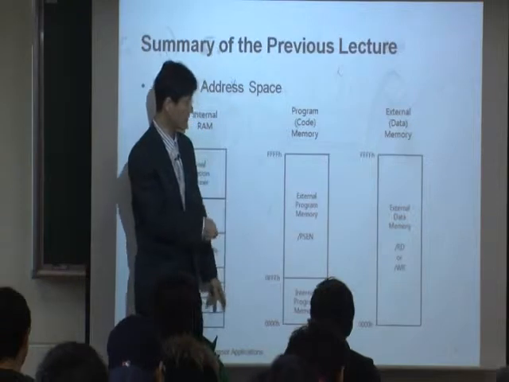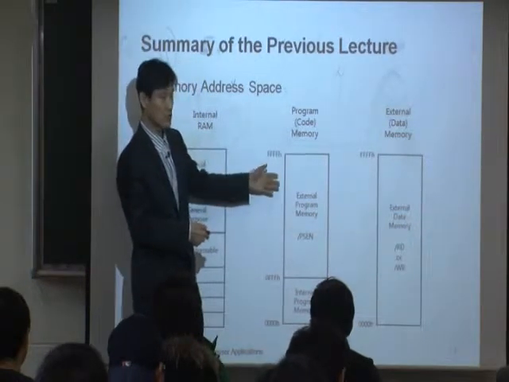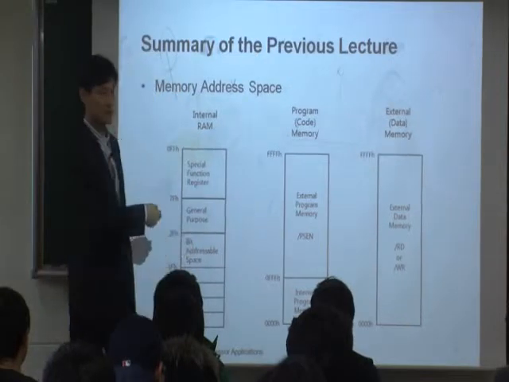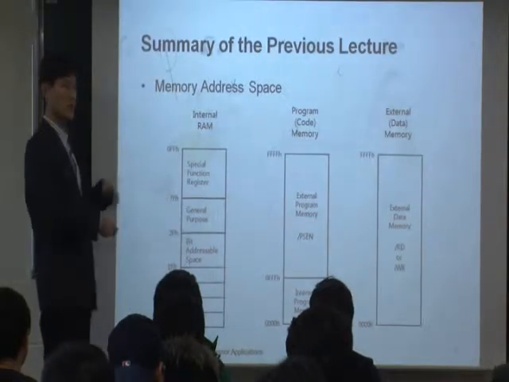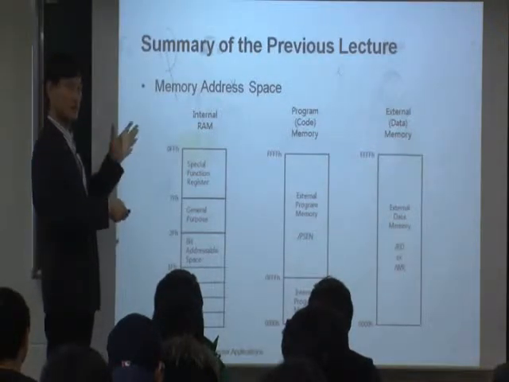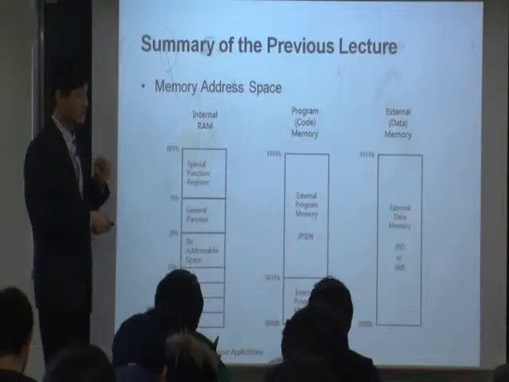All the other addresses are not used because they're not mapped to actual memory, but you still have the space. Later, if you buy more memory, you can put it in and use more space. So this is just space, not actual memory, right?